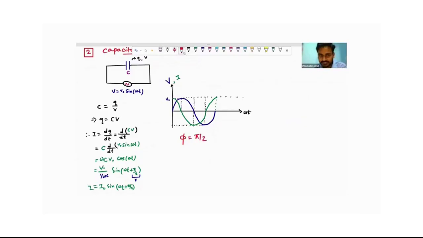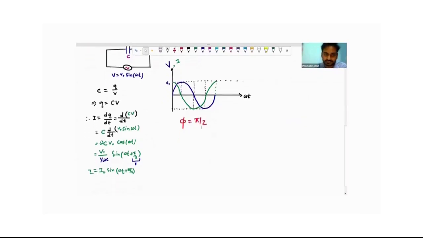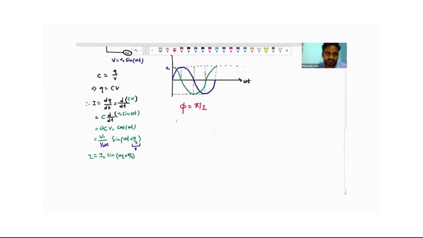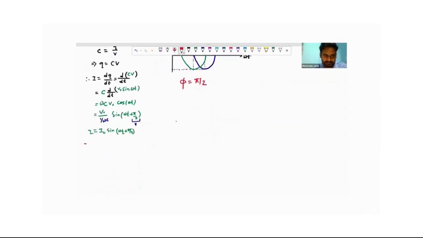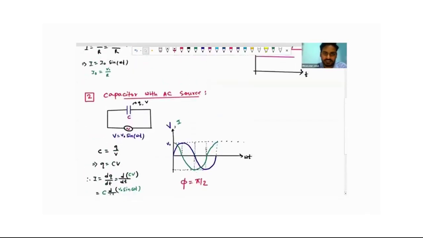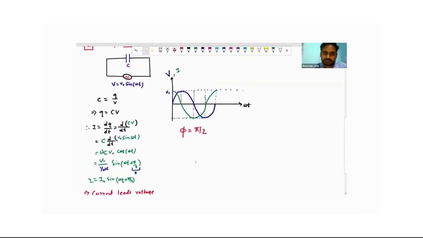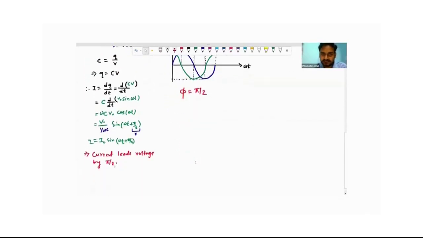Even we can write this in words, make a note here, that current leads voltage by pi by 2. Fine.